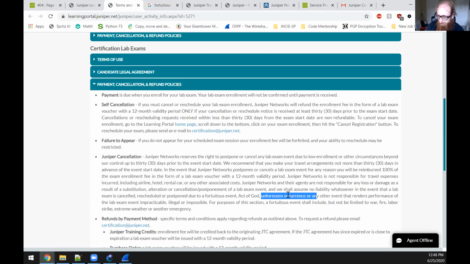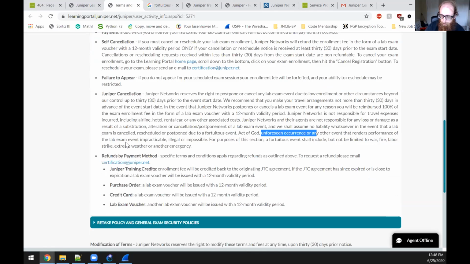An unseen occurrence, yep, it's definitely that. There's no liability whatever for COVID-19 stuff. They can probably even just straight up cancel it within that 30-day period because of that.